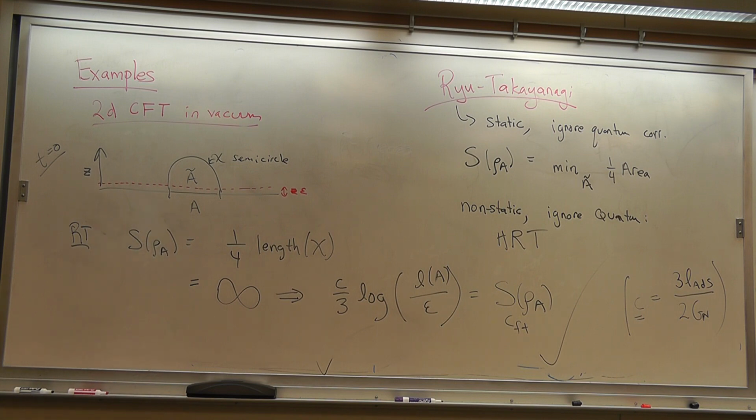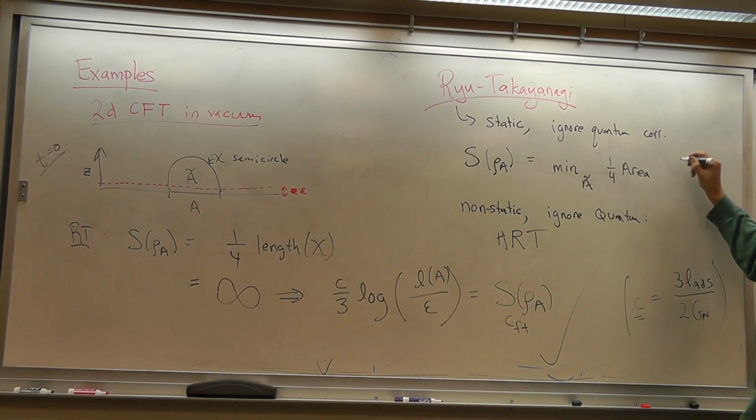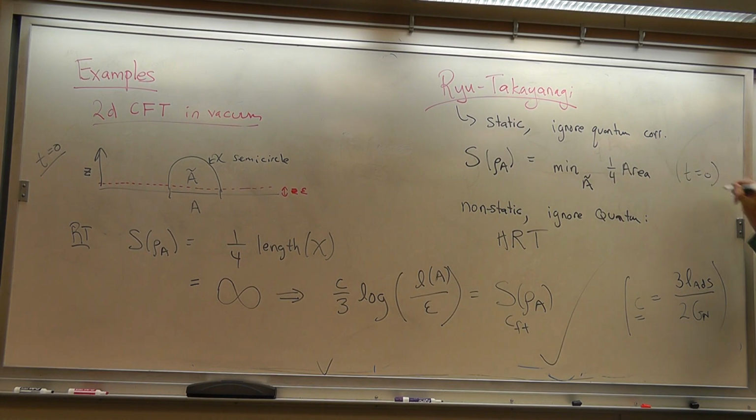So if you just sit at time 0, you'll automatically have found the maximum. But in the static case, then you're looking for a minimum in the space direction. Sorry, I should have said in Ryu-Takayanagi, we just set time to 0, and then we find a minimum. Okay. Thank you.